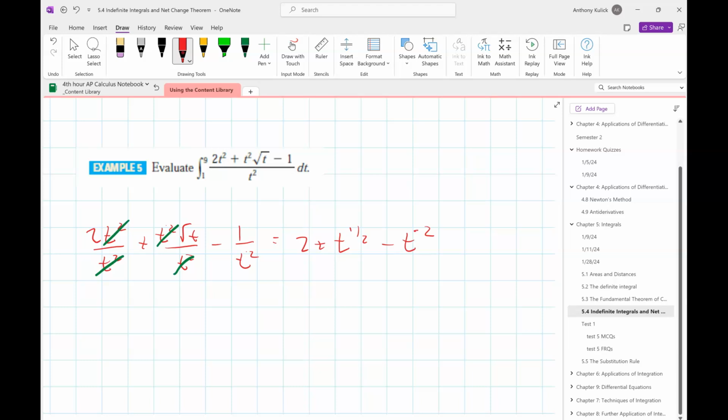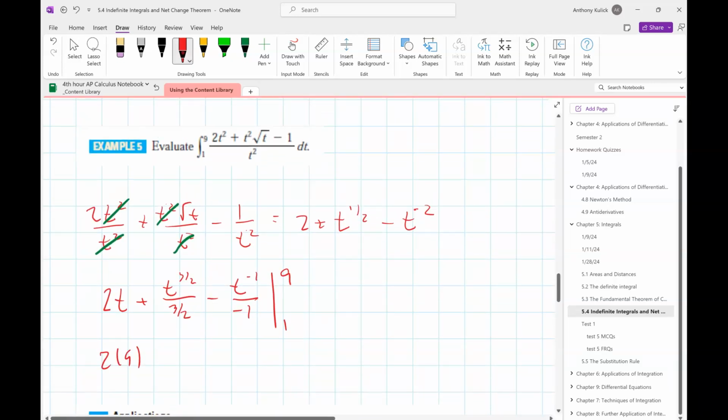So my antiderivative would be 2t plus t to the 3 over 2 over 3 over 2 minus t to the negative 1 over negative 1. Evaluate from 1 to 9. Is everybody okay with how I did the antiderivative there?